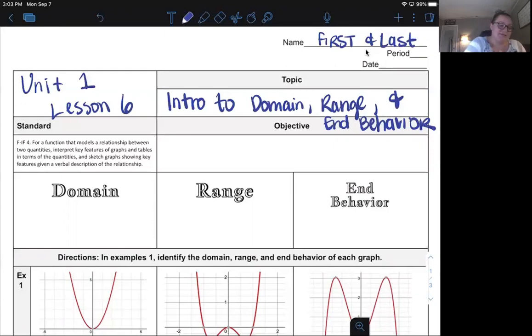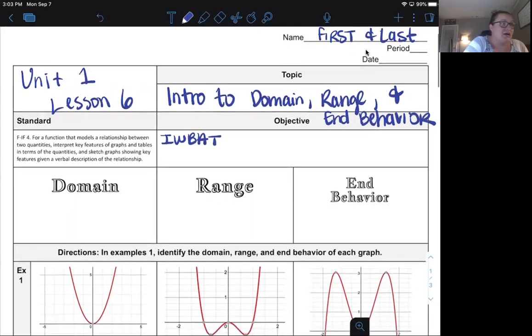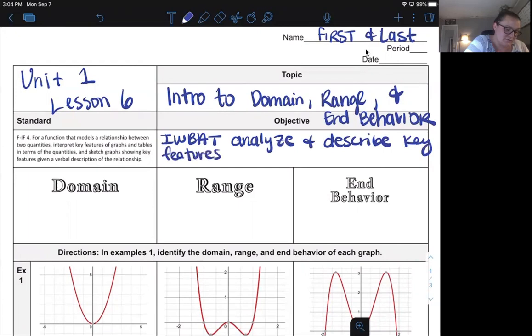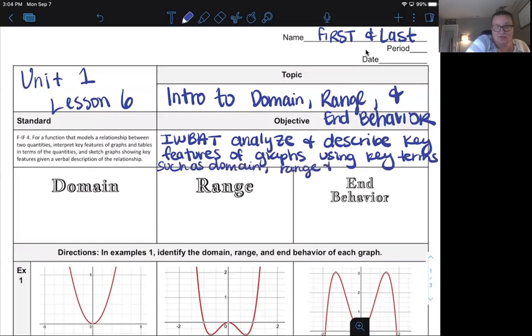The objective for today is I will be able to analyze and describe key parts of graphs, including key terms such as domain, range, and end behavior.